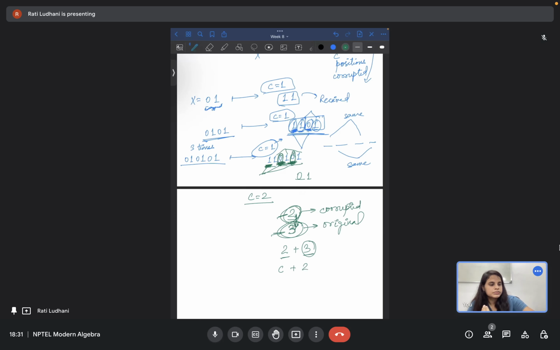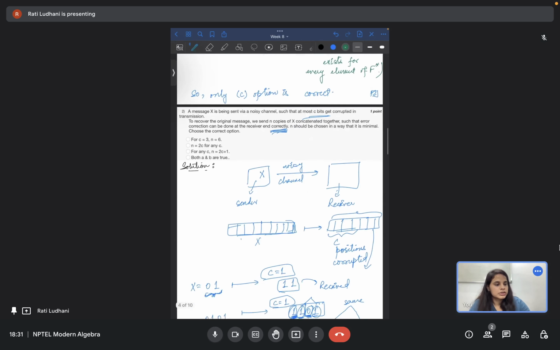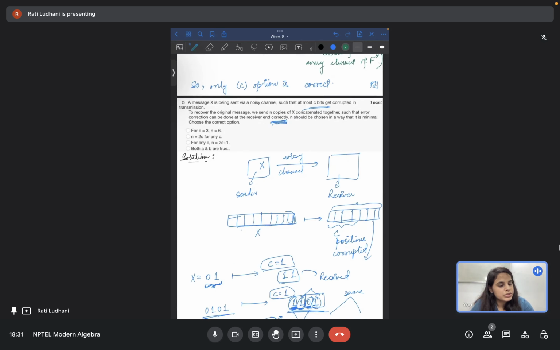So that is C plus 1. So 2C plus 1 times you should repeat at least, to have the correct thing. So to recover the original message, we send n copies of X concatenated together.